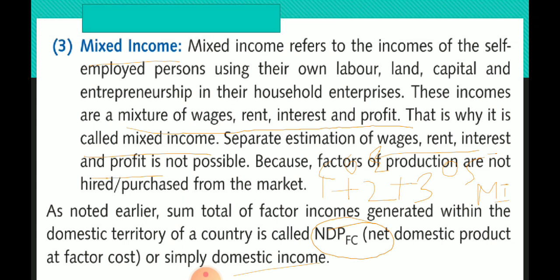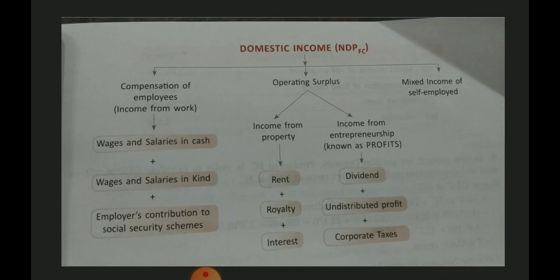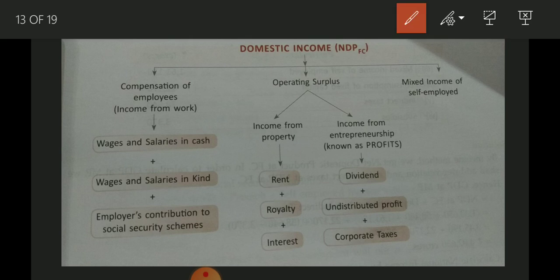Let me explain it in the next slide. Here, when we add compensation of employees plus operating surplus plus mixed income, we get domestic income, means NDP-FC.